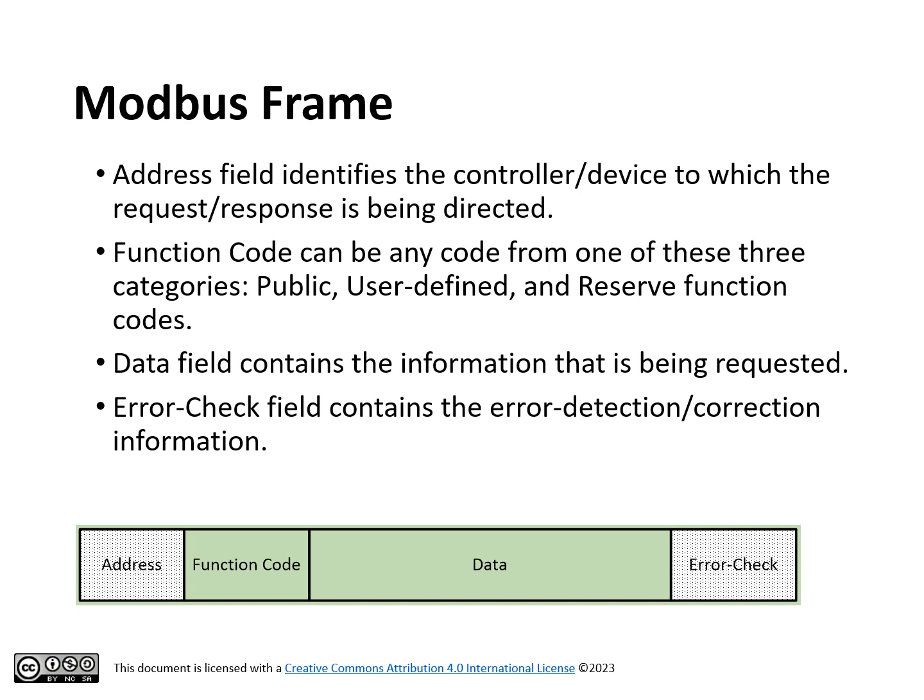The data field contains the information that is being requested, the exception code, or the information, such as the addresses and number of registers which are being passed to the server. The error check field contains the longitudinal redundancy check, LRC, information for the ASCII mode and for the RTU mode, the cyclical redundancy check, CRC, information.